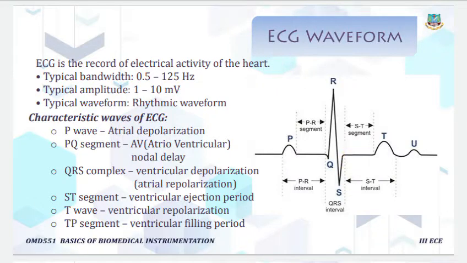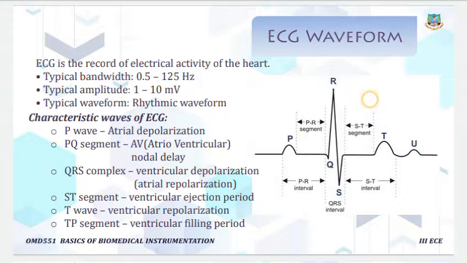The typical bandwidth of the ECG waveform is 0.5 to 125 Hz. And the typical amplitude is 1 to 10 millivolt.